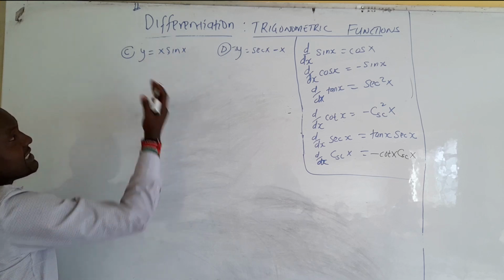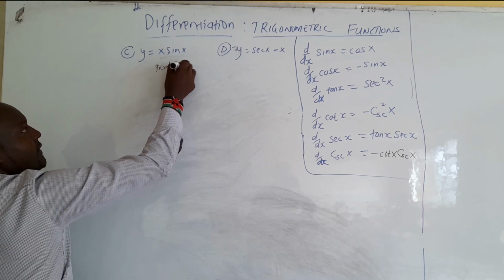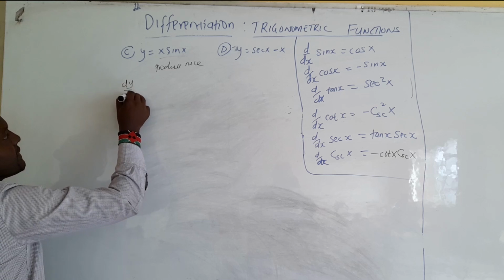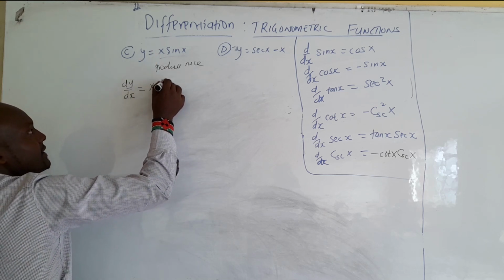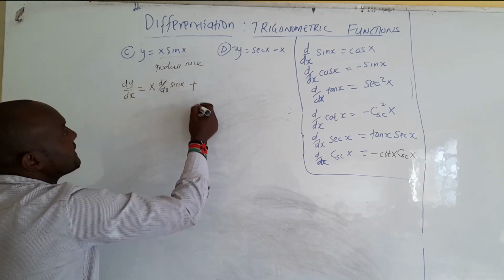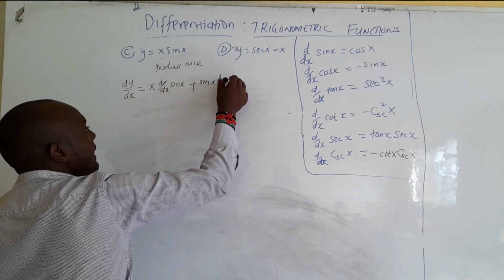So we can take example 3, where we have y is equal to x sin x. In this one, it's the same, simple. We are using the product rule. So dy over dx will be equal to, now hold x constant, differentiate sin x, plus now you hold sin x constant, you differentiate x.